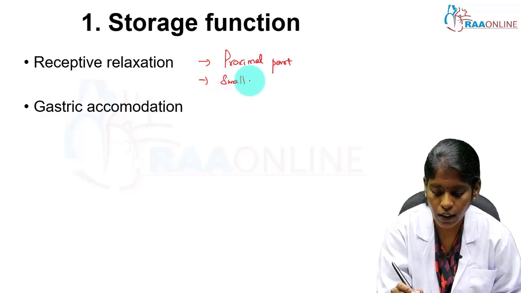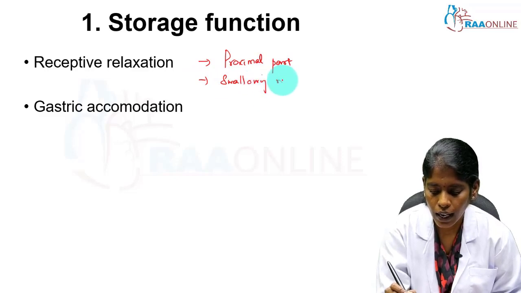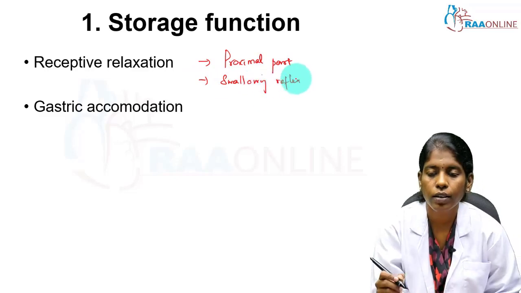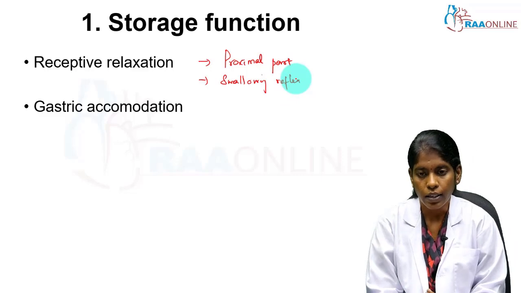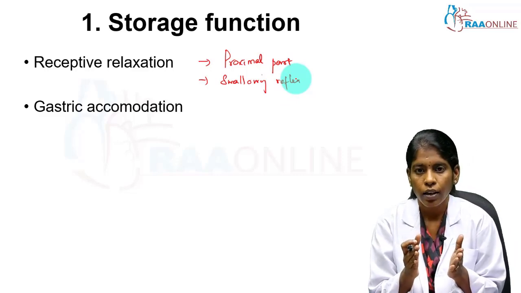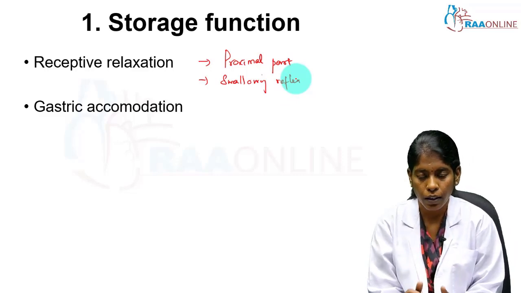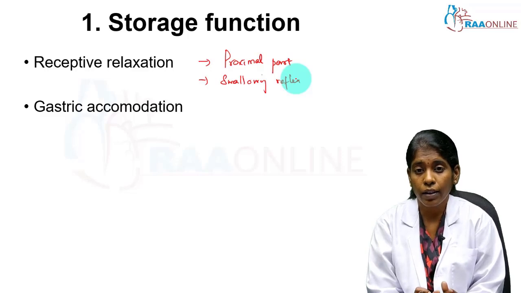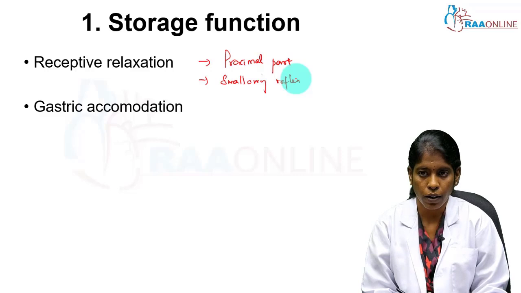As we saw in the last class, as the food enters the pharynx and the esophagus, the esophageal distension will cause the proximal part of the stomach to relax, and that is called receptive relaxation. It is an anticipatory relaxation even before the food enters the stomach.